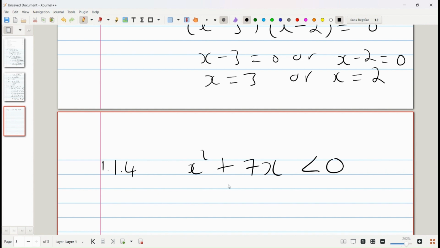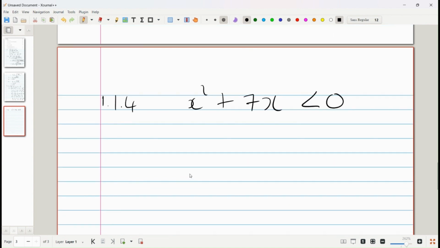So the first step that we need to do here is we have a common factor of what? Of x. So we need to take the common factor of x. So we have x and then x plus 7. This will be equals to 0. So the next step here is to find the critical values.